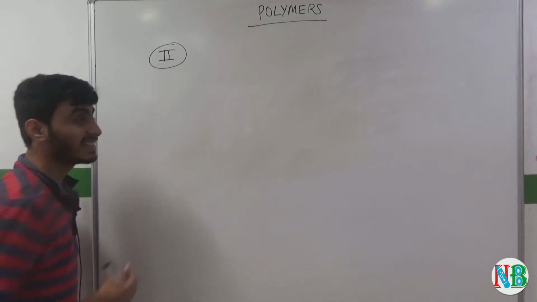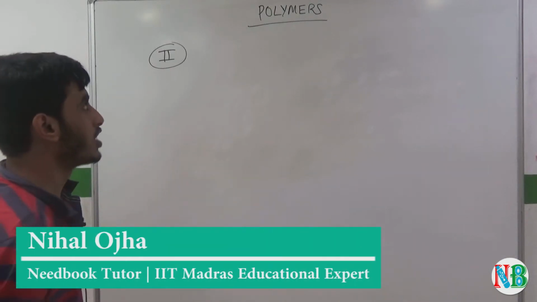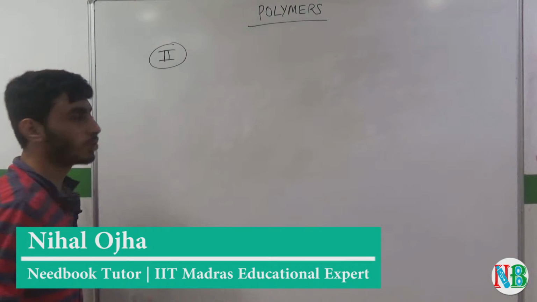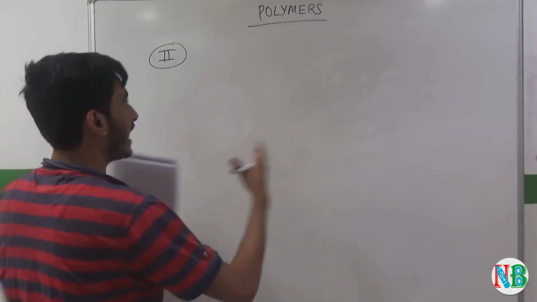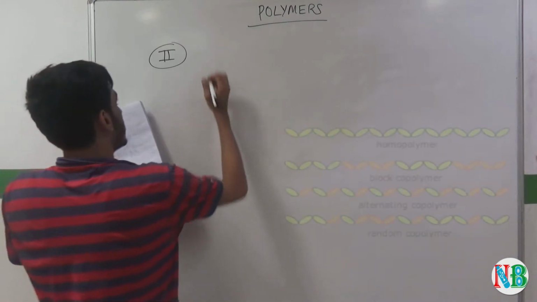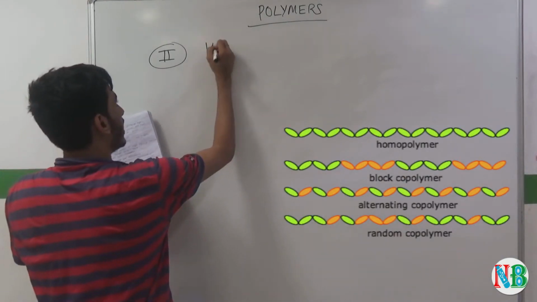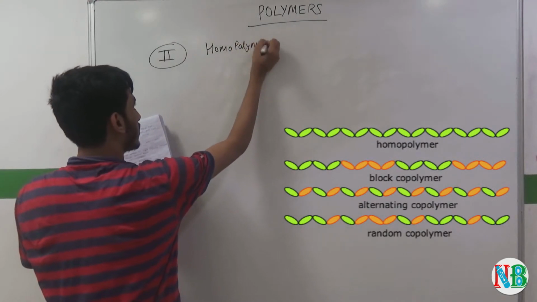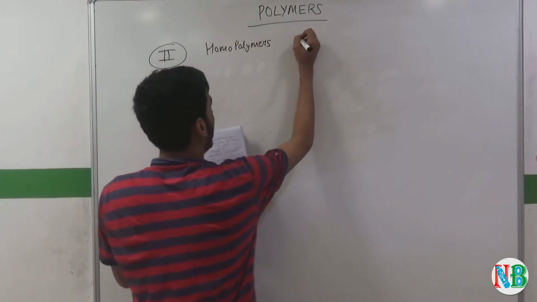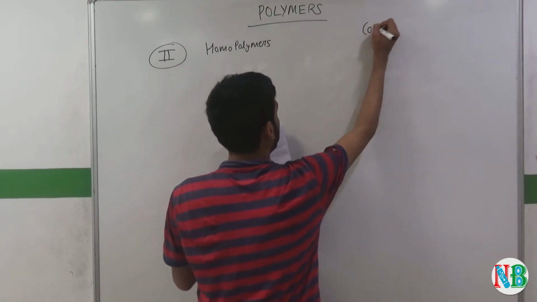So now let's learn more about them. When we actually look at them, we see that there are majorly two types of polymers. They are either homopolymers or they are copolymers.